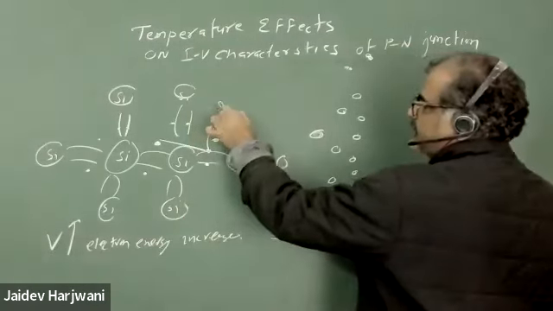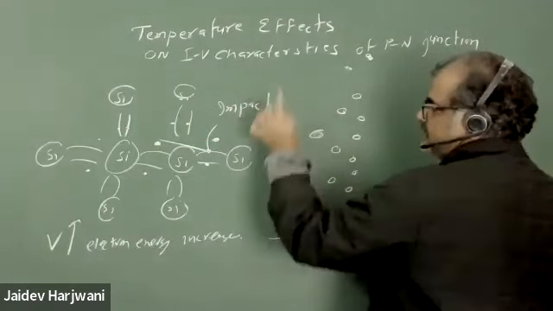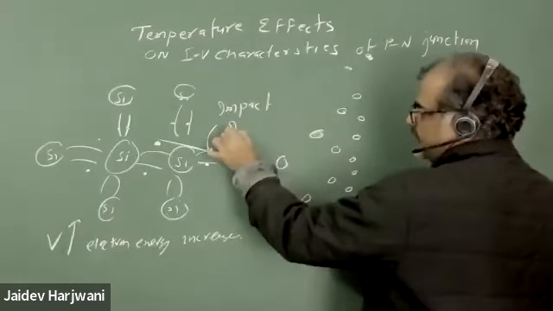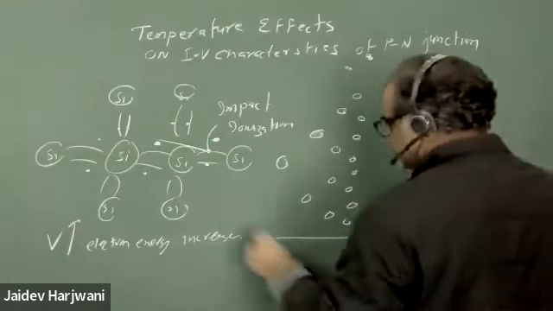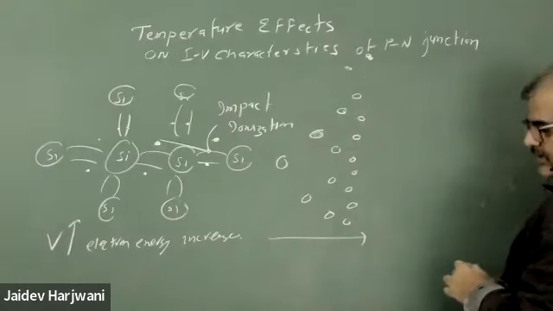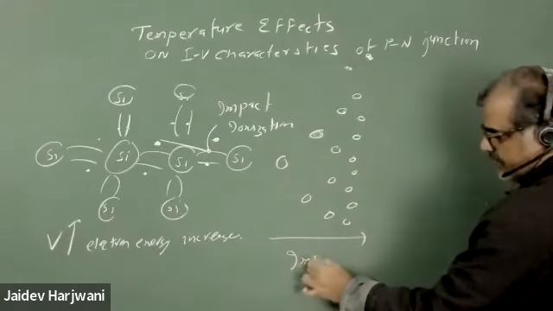This is called impact ionization, because as you increase the voltage, the electron energy increases and they ionize the bonds. This is how the cascade process starts.